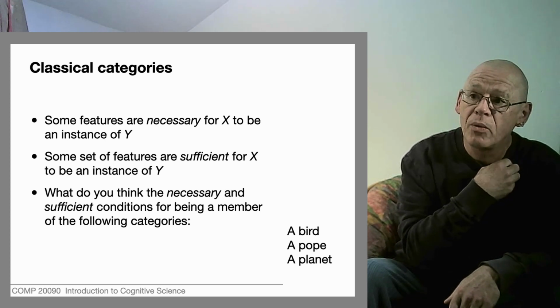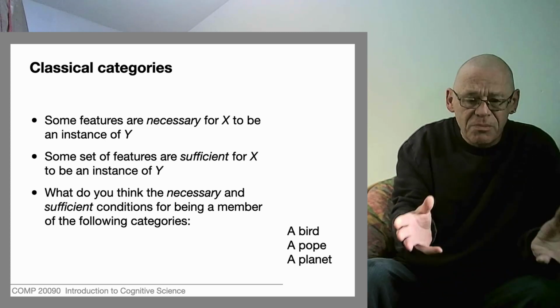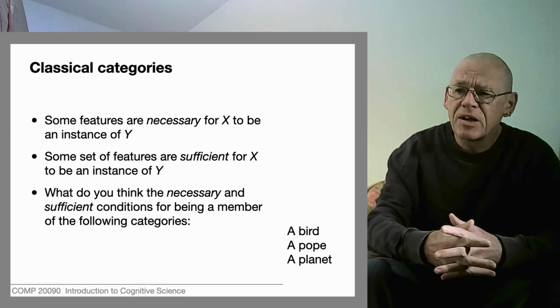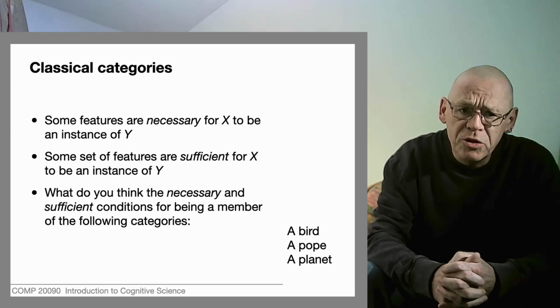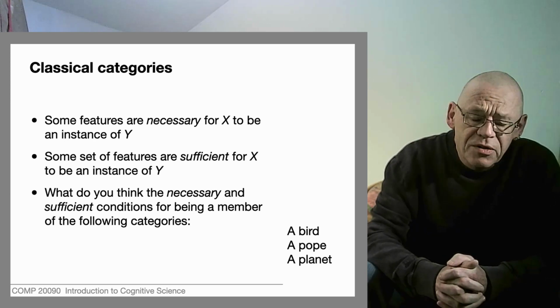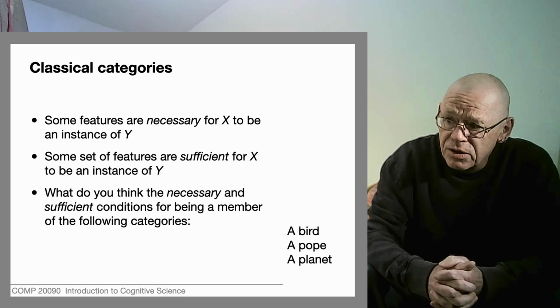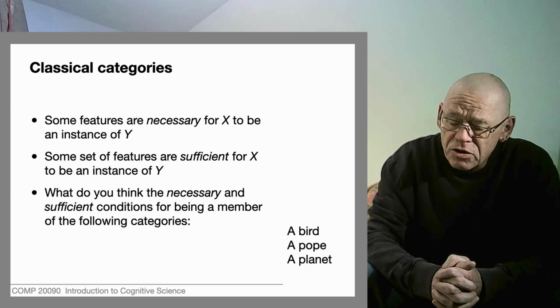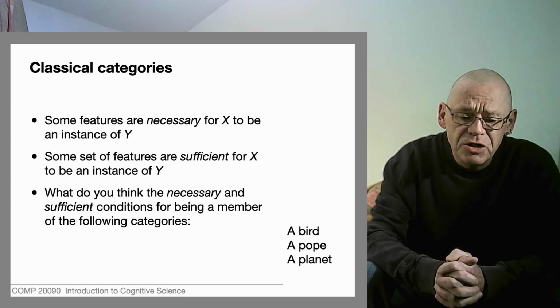The ancient Greeks thought hard about this, and indeed the notion of a category, the idea that the way that we understand the world is built, it comes in with these sort of containers, goes back to Aristotle. Aristotle's view of categories was very simplistic by our standards, and we wouldn't subscribe to it, but it was very, very influential.